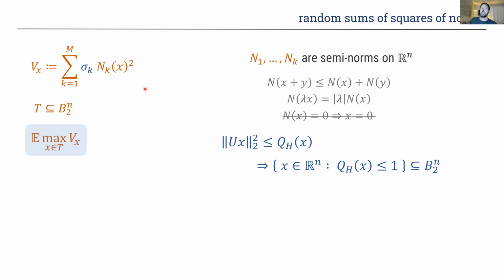So now our problem is just to analyze the expected maximum of a random signed sum of squared norms over a set T that's contained in the Euclidean ball.